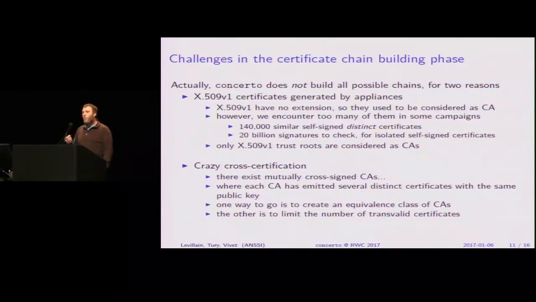But when you add the fact that some authorities will emit multiple certificates with the same public key, same subject, but with different validity dates, you have a lot of possibilities to choose from when you want to build all the possible certificate chains. So we chose to limit the number of certificates we took from outside of the certificate message when trying to build all the certificate chains.